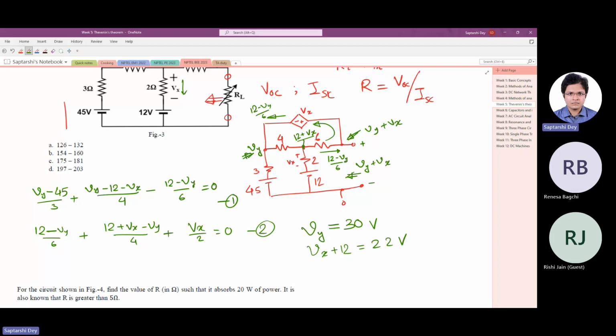Can you solve the two equations that you have right now on the screen? We can solve using Cramer's rule, right? Whatever way you think you can solve it fastest, do it, because such questions come in competitive exams and you have to know what is the quickest way.